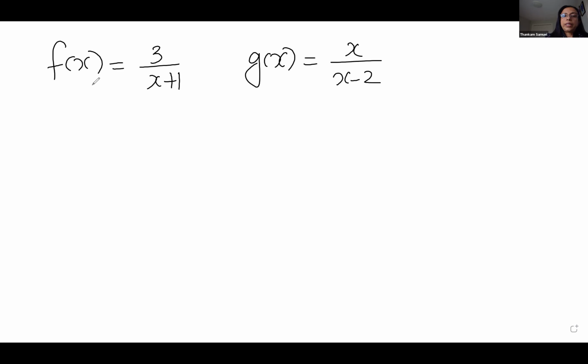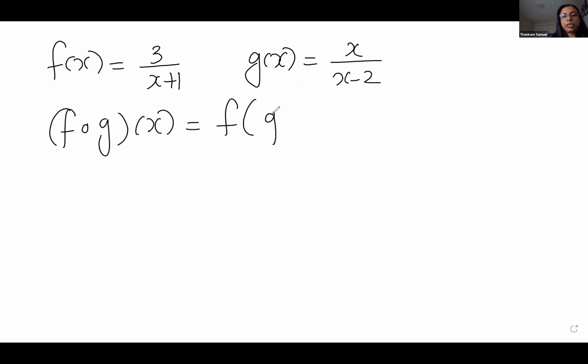We know that these two functions are rational functions. So we are going to find f of g of x. By definition, f of g of x is f of g of x. That means we need to input the function g of x into the function f.